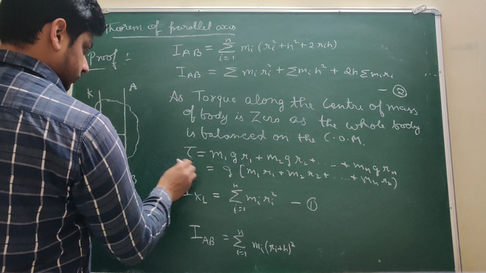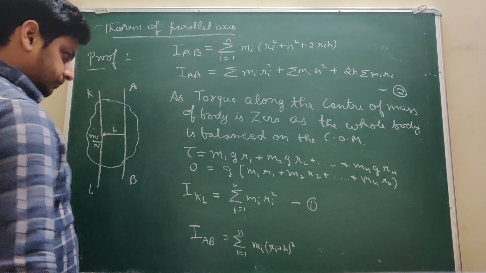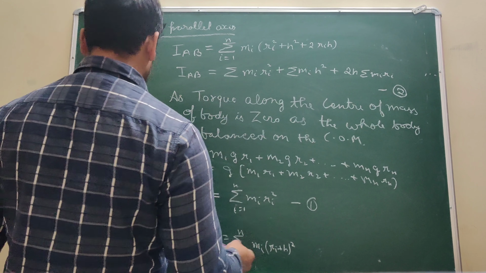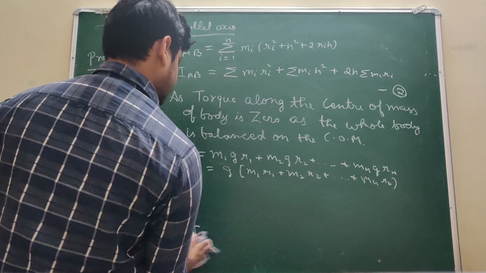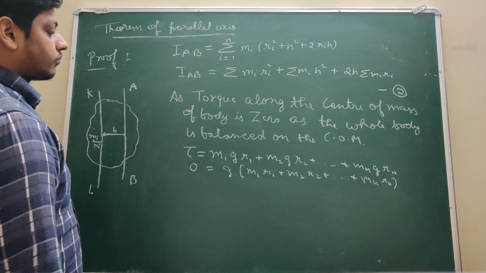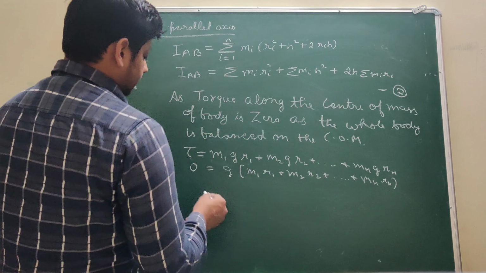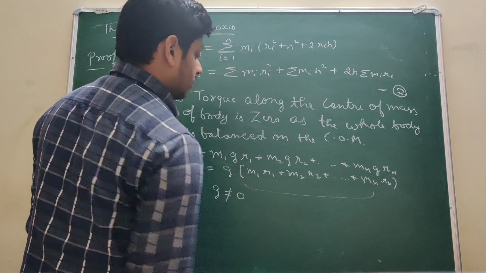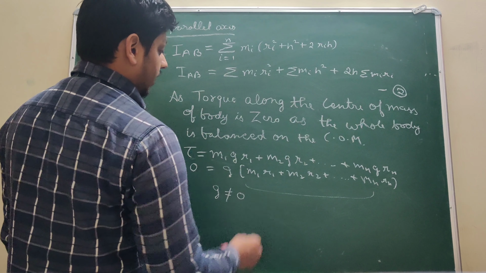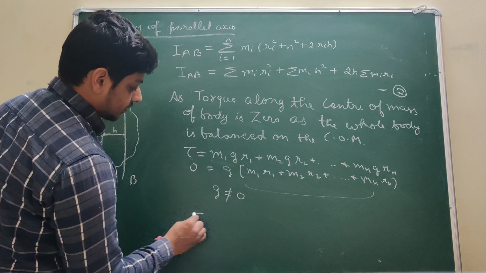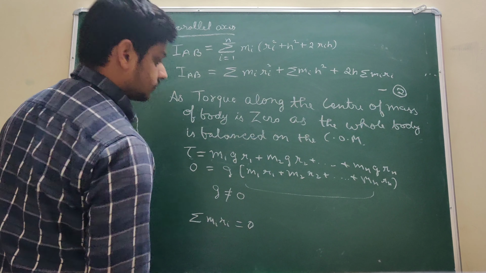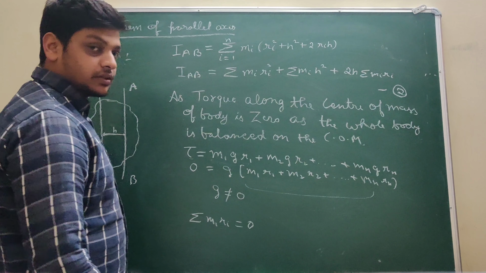As torque is 0, this whole equation is 0. As g is the acceleration due to gravity, which cannot be 0, this whole term is 0, that means the summation of mi ri is 0. This is the summation of mi ri.